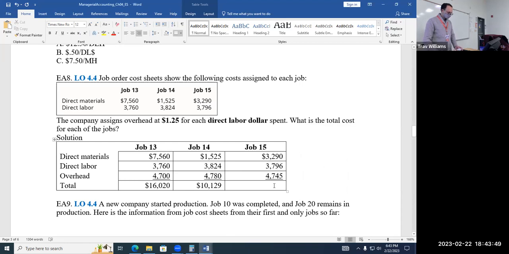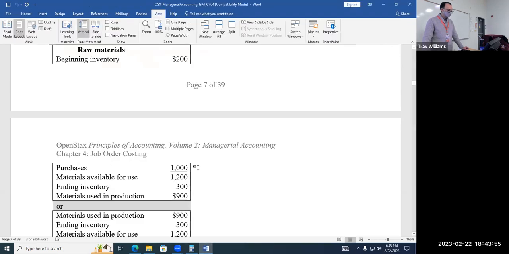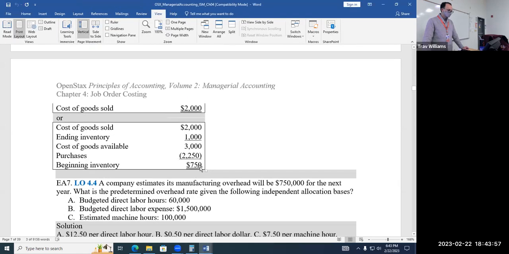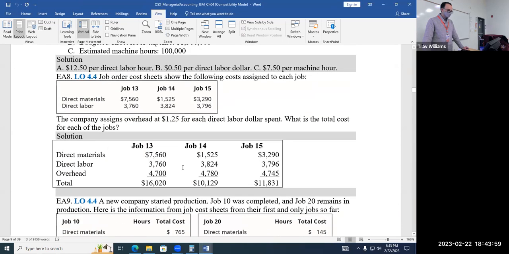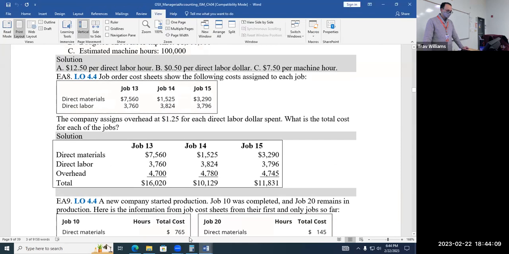Okay. See how those calculations look here. $16,020, $10,129, and $11,831. So I think that is all correct.